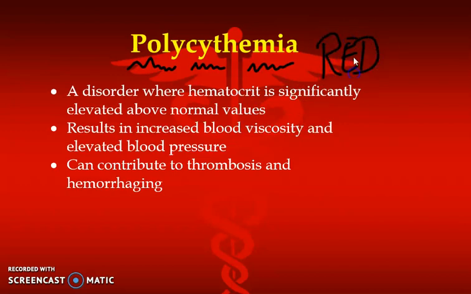It's a disorder where the hematocrit is significantly elevated above normal values. I'm going to argue that everyone living in Utah has a small case of polycythemia based on our elevation. We can have more red blood cells, but it can contribute to increased clotting, hemorrhaging, and elevated blood pressure. There are some consequences of polycythemia. So let's look at polycythemia as the exact opposite of anemia.